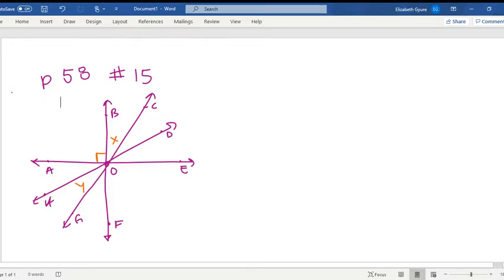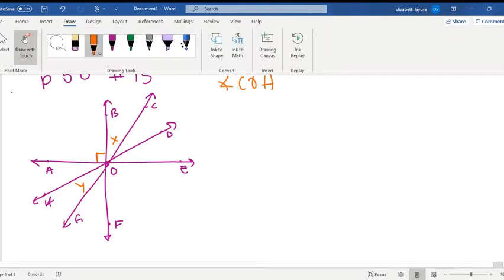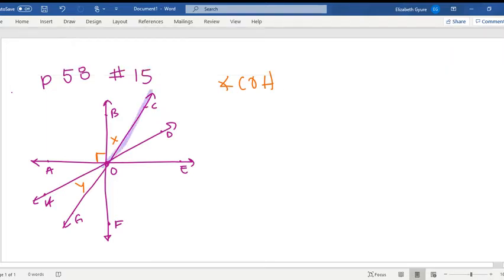You guys didn't miss much. You just missed me drawing a beautiful diagram. But we want to find, for number 15, angle COH. So angle COH is right here, COH. Okay, is this angle here?